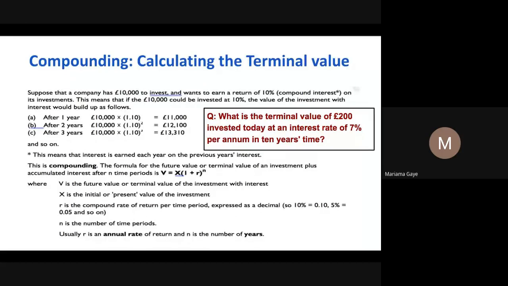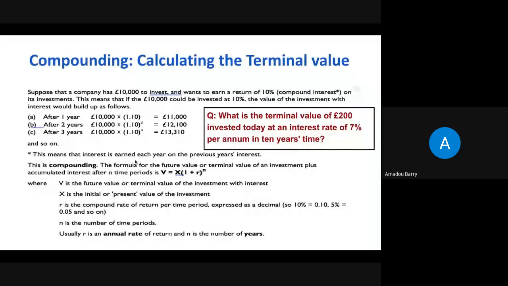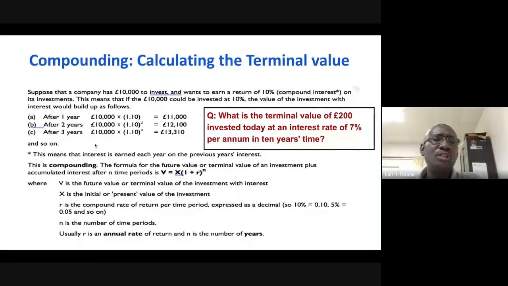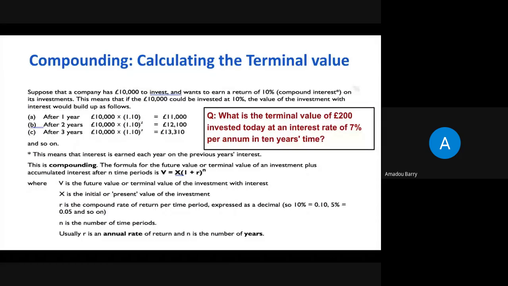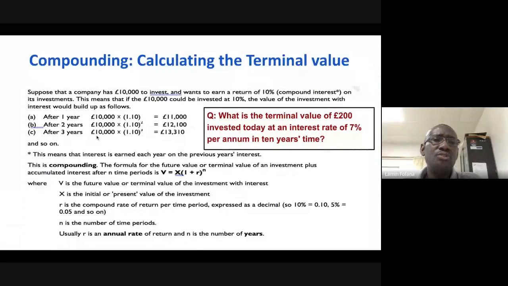Which one are you doing, Roger, the year 1 or the year 3? Year 3. Okay, you took 10,000 multiplied by bracket opens, 1.1, bracket closes, raised to power 3, then you press equals.